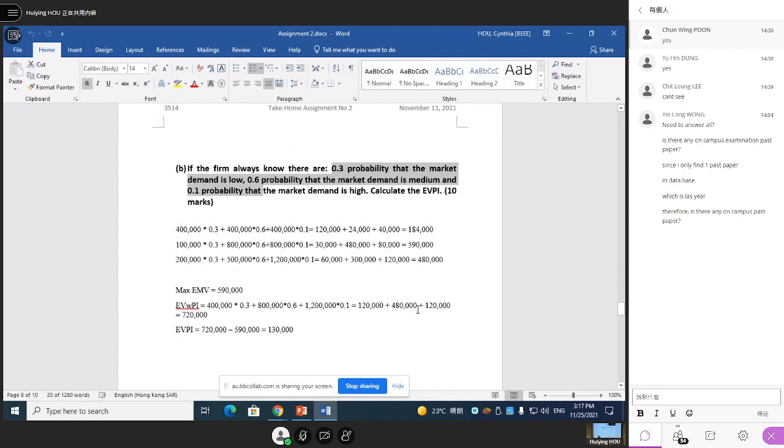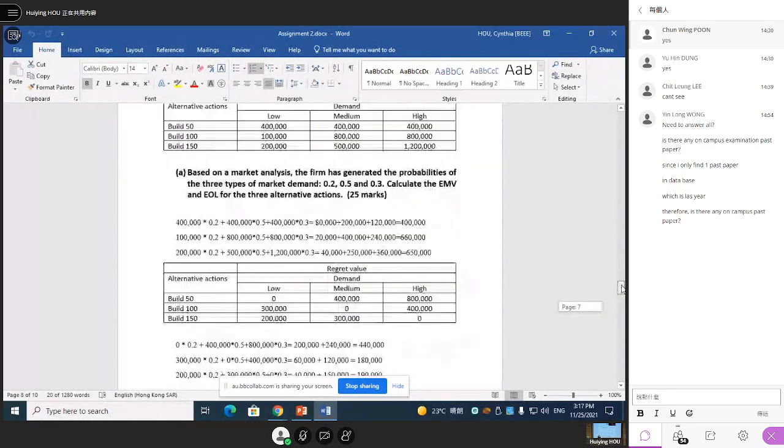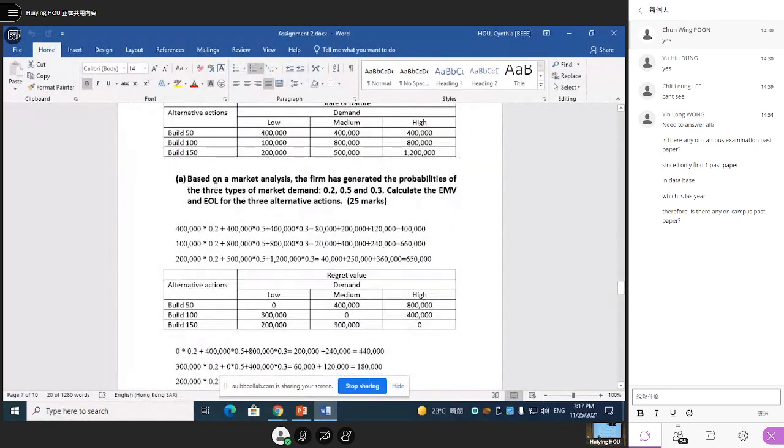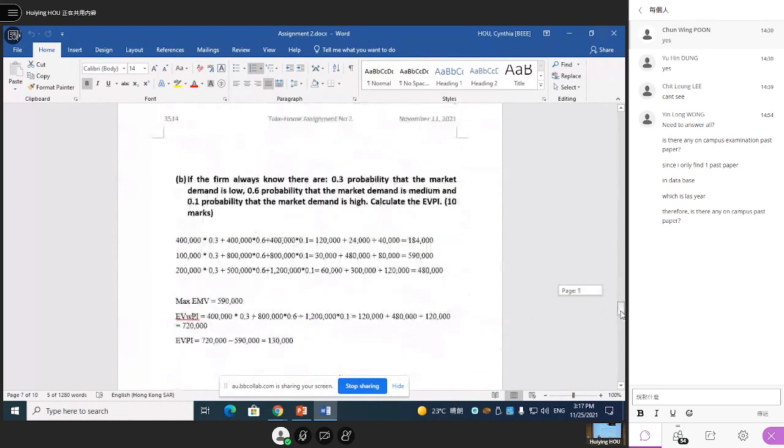Some students simply used EVPI minus the EMV obtained from the first answer, but that EMV was calculated based on a different set of probabilities. So you need to do it one more time with the same set of probability numbers. The max EMV here is 590,000.